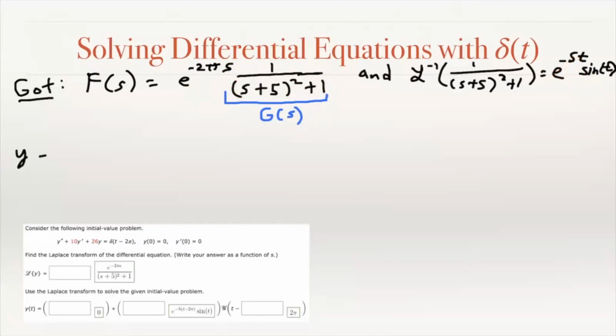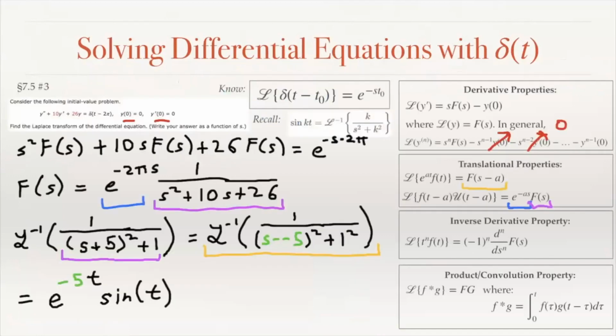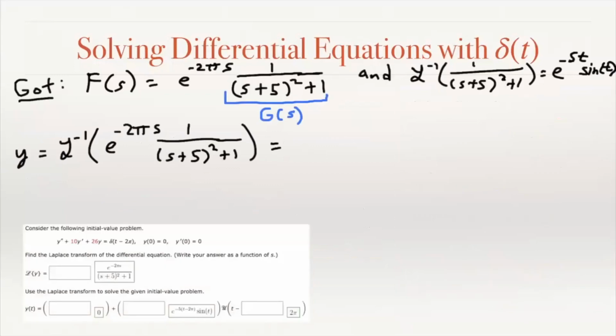So y, which is the inverse transform of the whole thing, is, by our second translational property, little f of (t minus a) times unit step of t minus a, which, well, the letter f is taken, so we'll call that big G. So we have little g of (t minus 2 pi) times unit step of t minus 2 pi, where little g is this.